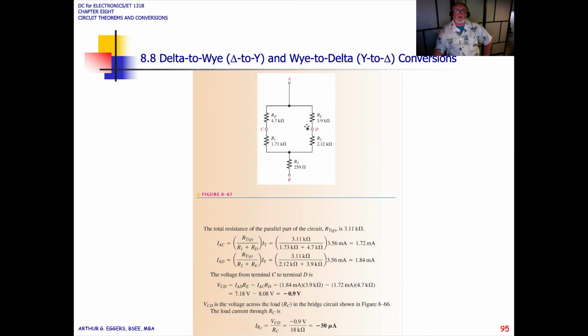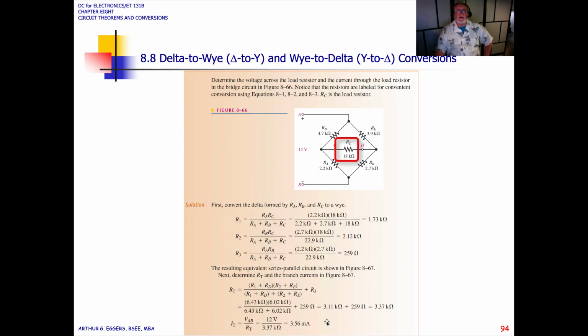So that's our voltage C to D. VCD is the voltage across the load, RC in the bridge circuit shown in 8-66. The load current through RC then becomes VCD divided by RC, that 9/10 of a volt negative, over 18 k ohms.